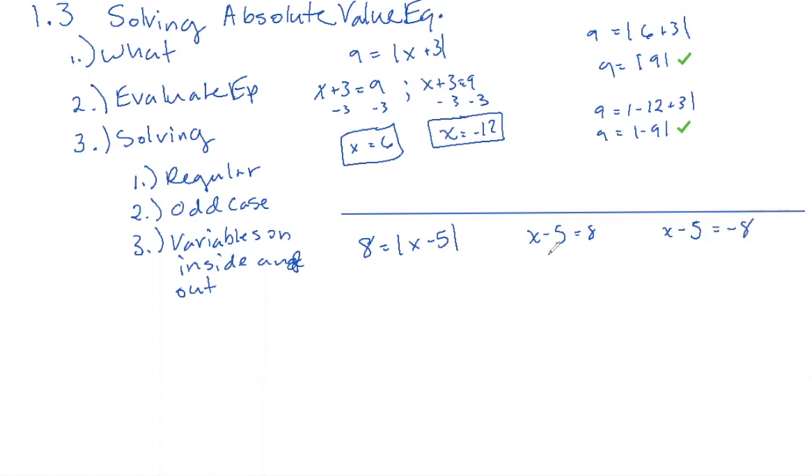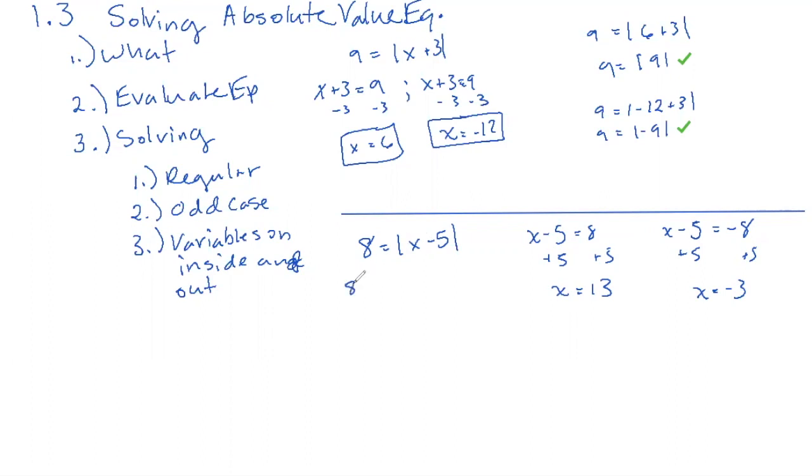All right. So in this case, once again, one-step equations. Plus 5, x equals 13, plus 5, x equals negative 3.